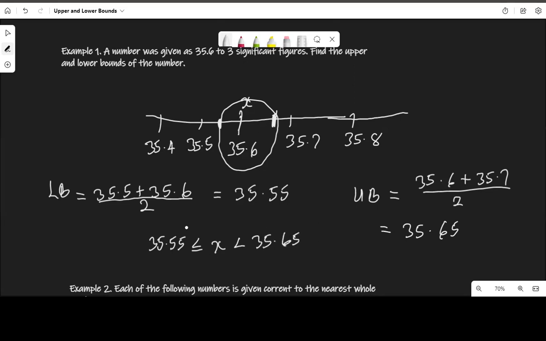What this means is this number can round to exactly 35.6, whereas 35.65 cannot round to 35.6, because if we round this up, it's going to give us 36. That is why we have less than here, but here we have less than or equal to. So take note of that. That is our example number 1.